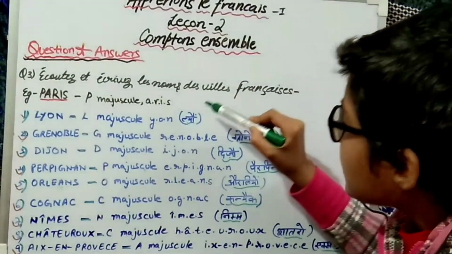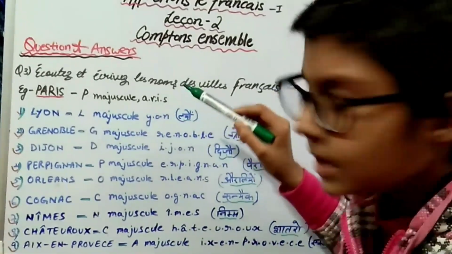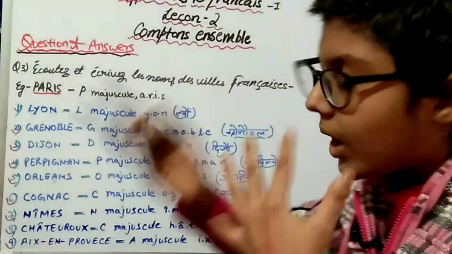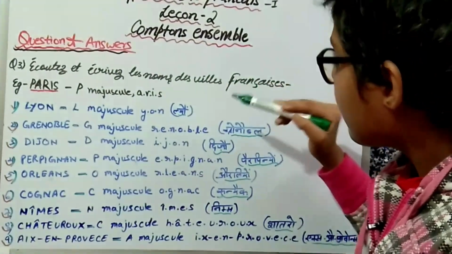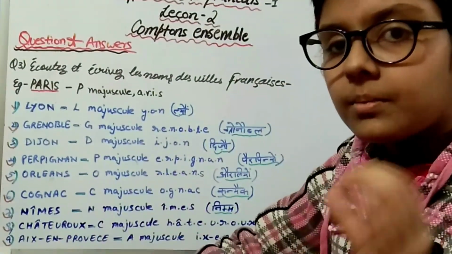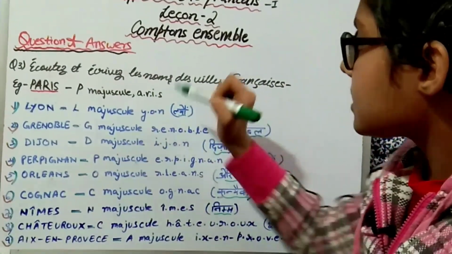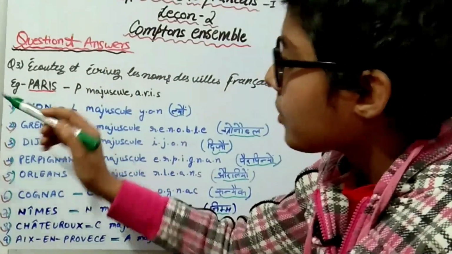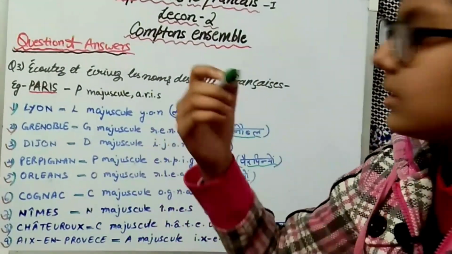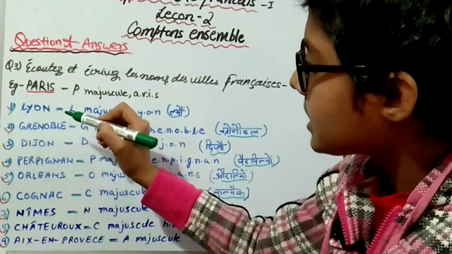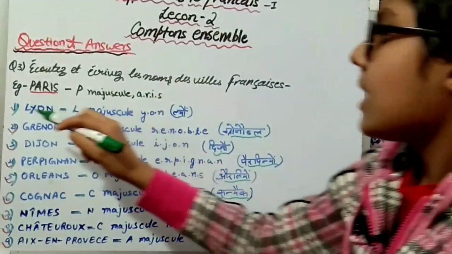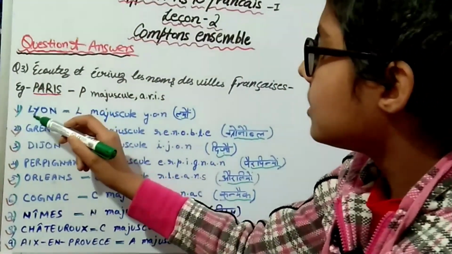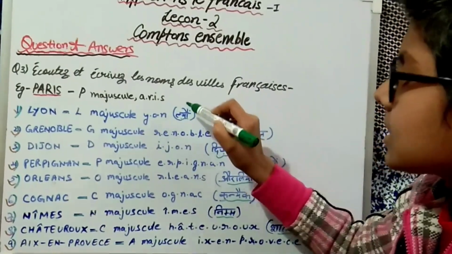Now as you can see here, I have written something in Hindi here. So what is this and why have I written it? The main basic purpose of writing this in Hindi is to help you grasp the pronunciations of these cities well. So as I will give you an example, Lyon, here I have written it as Lyon.